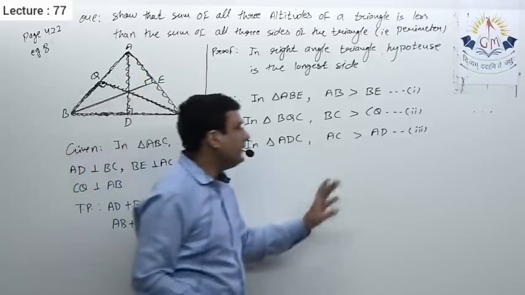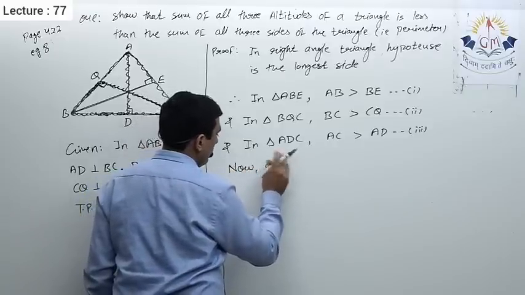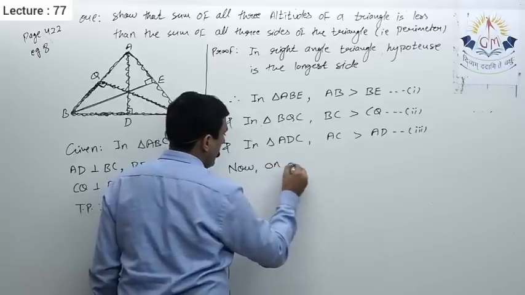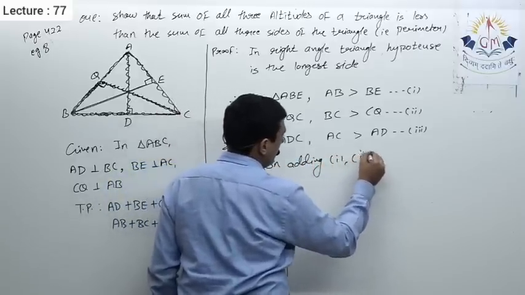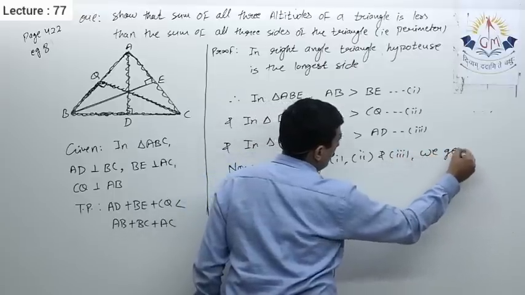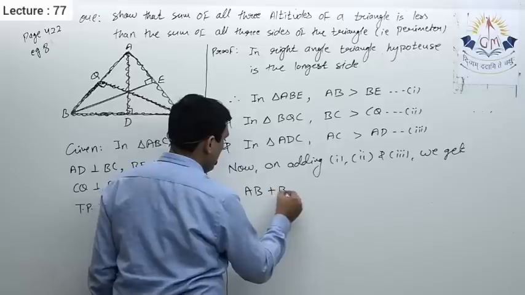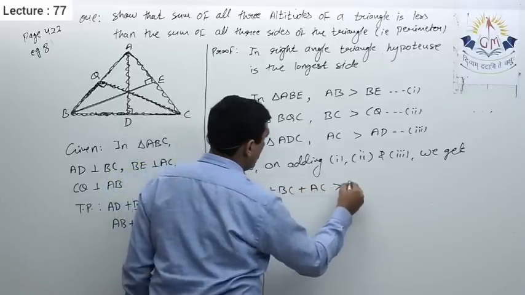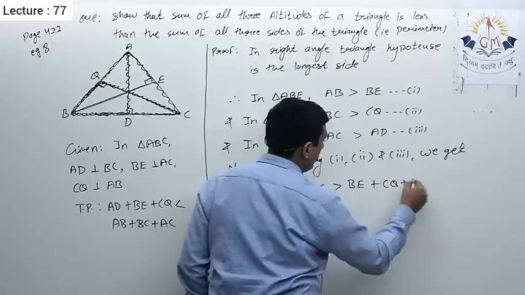Now, on adding the first, second and third, what we'll get: AB plus BC plus AC is greater than BE plus CQ plus AD.